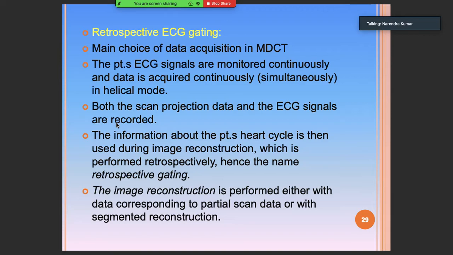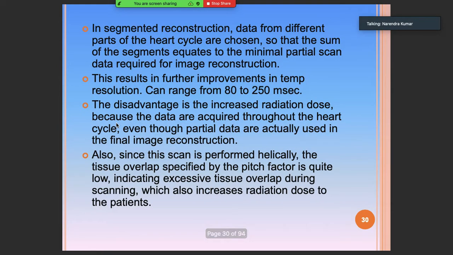The image reconstruction is performed either with data corresponding to the partial scan data or with segmented reconstruction. Segmented reconstruction is slightly different. The data from different parts of the heart cycle is chosen, so the sum of the segments, which tends to equate to the minimal partial scan data, is required for the image reconstruction.